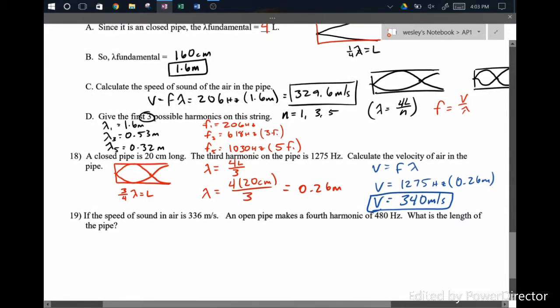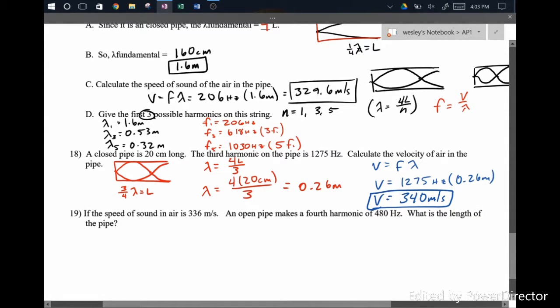All right, last one, an open pipe. So it's open on both ends. Makes a fourth harmonic. So if it's the fourth harmonic, we're going to have 4 nodes. 1, 2, 3, 4. It's roughly going to look like this.